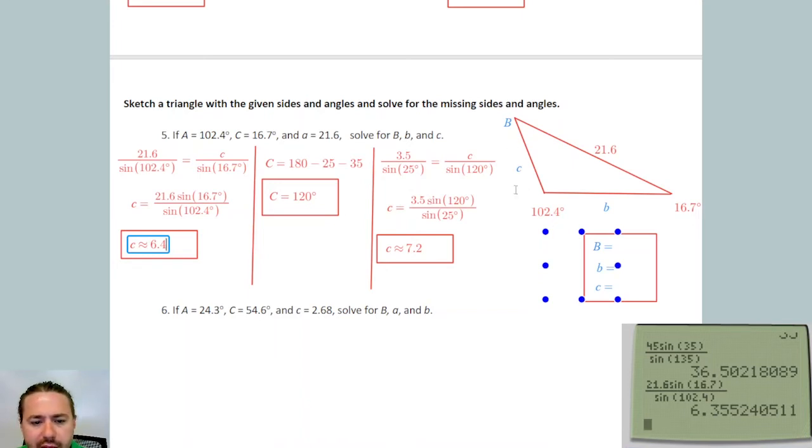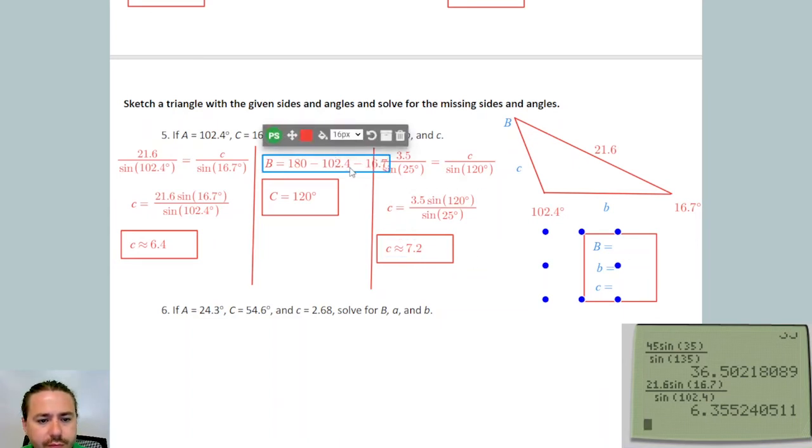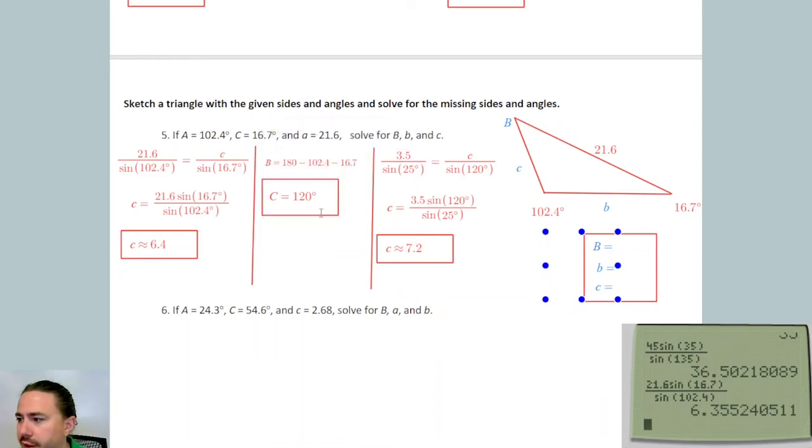Okay, let's get the missing angle here, which is going to be angle B, and we will subtract the other two angles from 180. So we have 180 minus 102.4 minus 16.7. Let's type that in.